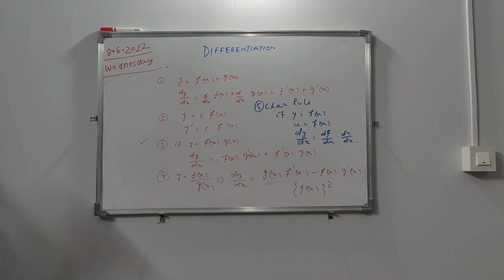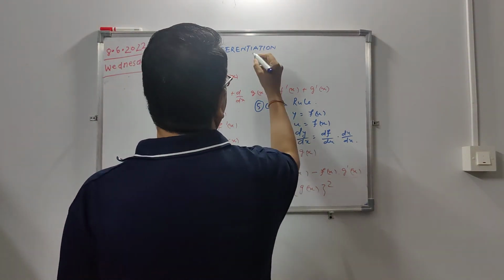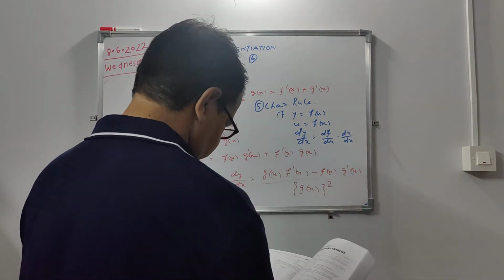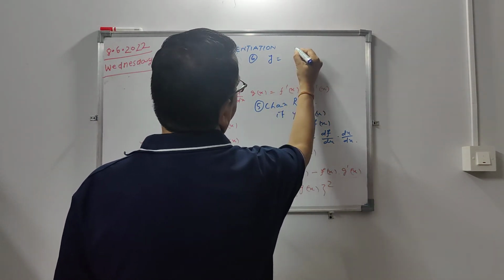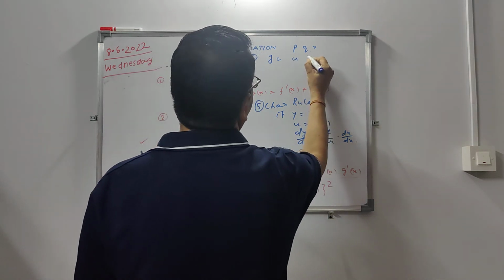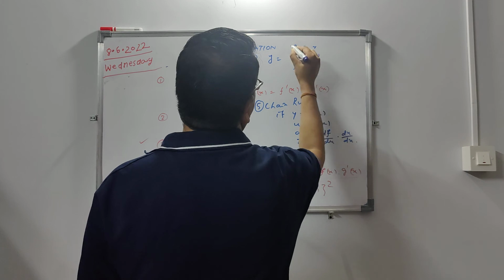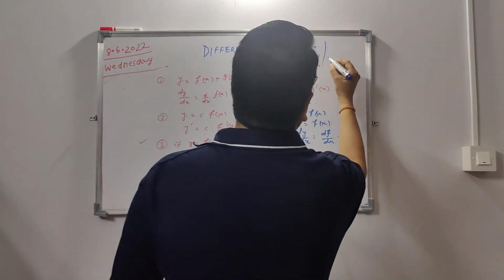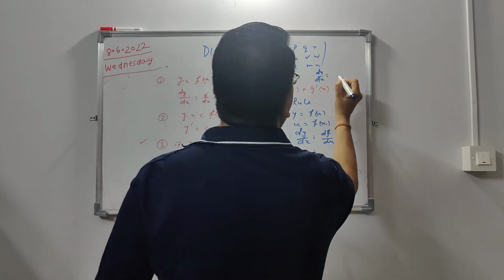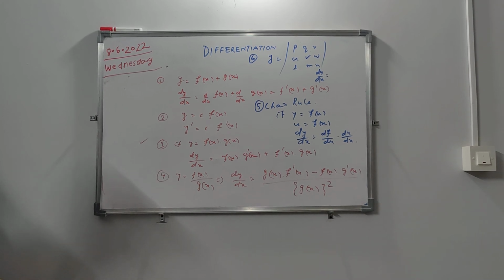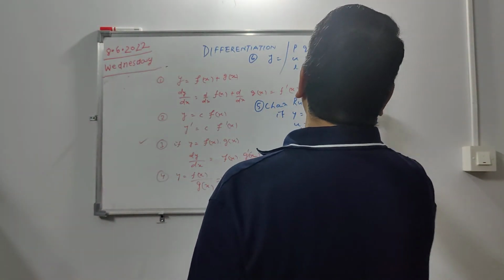Suppose you have a determinant with rows P, Q, R; U, V, W; L, M, N. Then its derivative dy by dx is an addition of 3 terms.